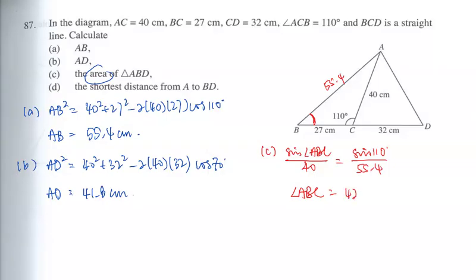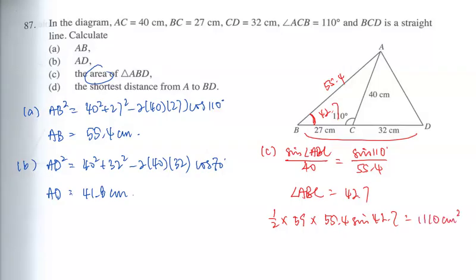Okay, 42.7 degrees. Then you use the area formula. So area is half times this whole thing, 59 times 55.4 sine 42.7 degrees. We get 1110 to 3SF. Okay, this is one method.